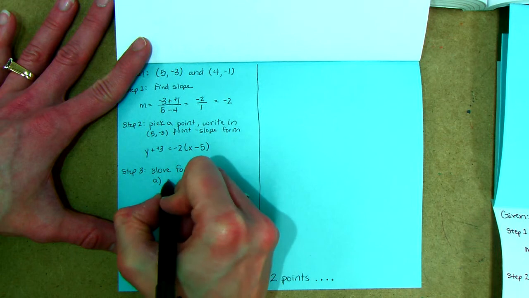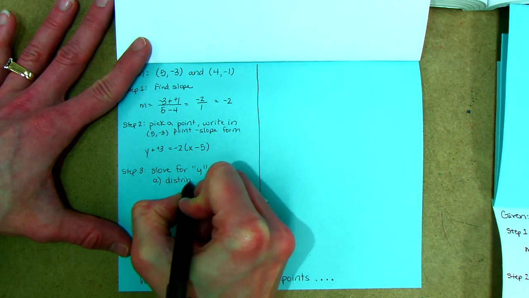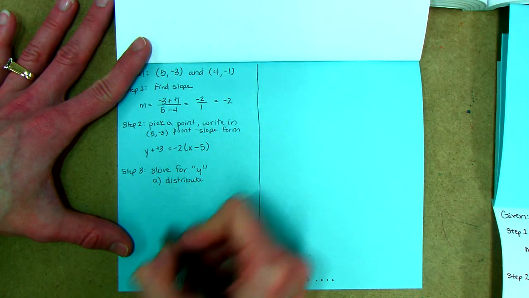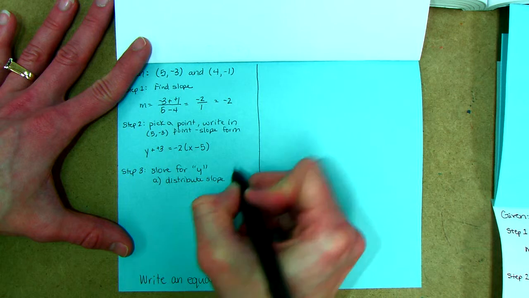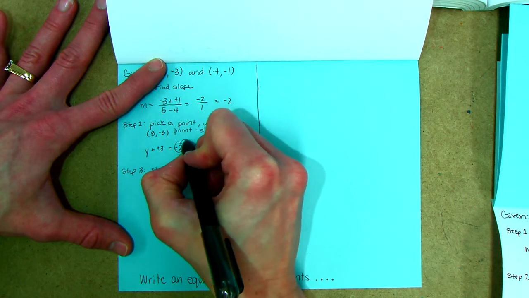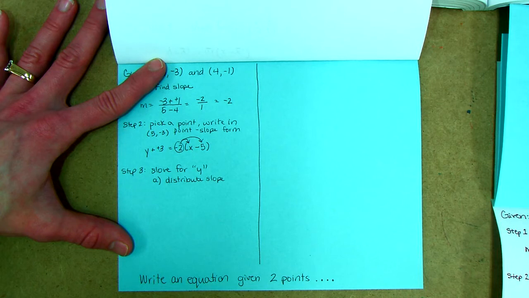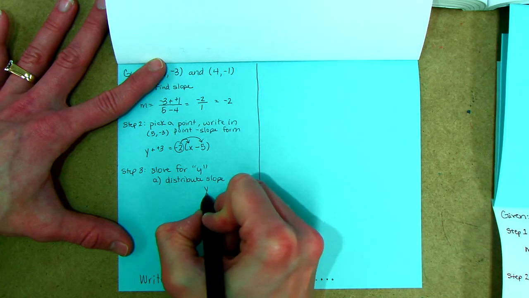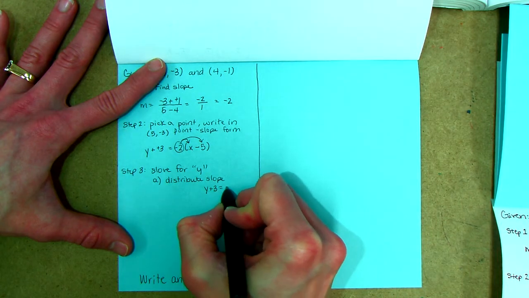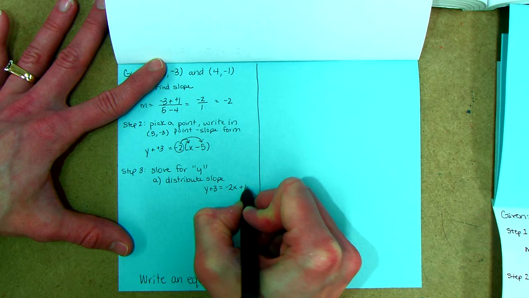Because I have a parentheses, I'm going to take that -2 times the x and -2 times the constant. So when I do that, I get y plus 3 equals -2x plus 10, because the negative times the negative is positive. And second one, move your constant.